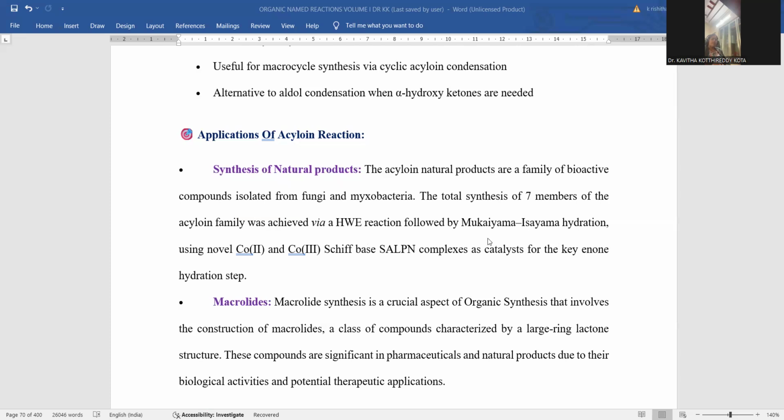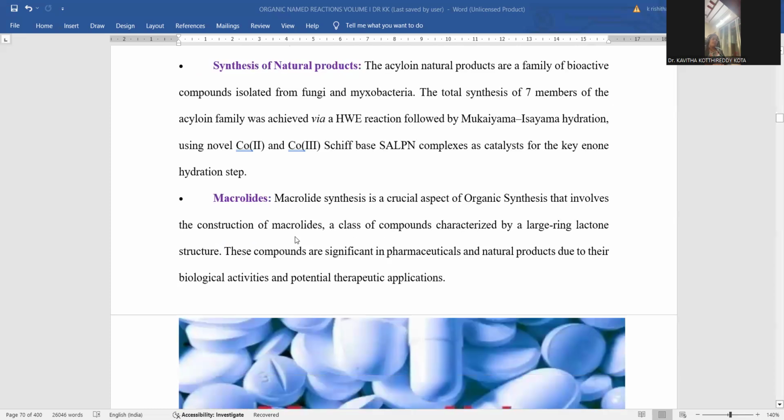Let me repeat. The Isayama hydration process is accomplished in the presence of cobalt-2 and cobalt-3 catalyst. If base is applied, a salpin complex is also taken as a catalyst over there, so that enone hydration will be generated. This is the way important natural products will be generated by this acyloin reaction.